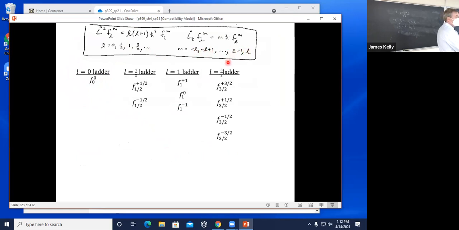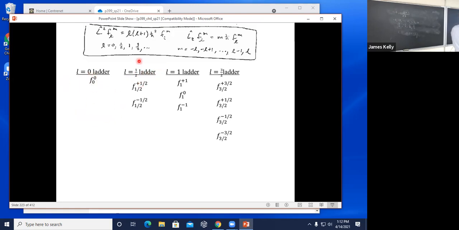So 0 is the only allowed value for m. So there's only one rung on the ladder. There's one state, which we would label as f sub L m, and so both L and m have to be 0. There's only one rung on the ladder. If you apply L plus or L minus to it, you get 0 in both directions.